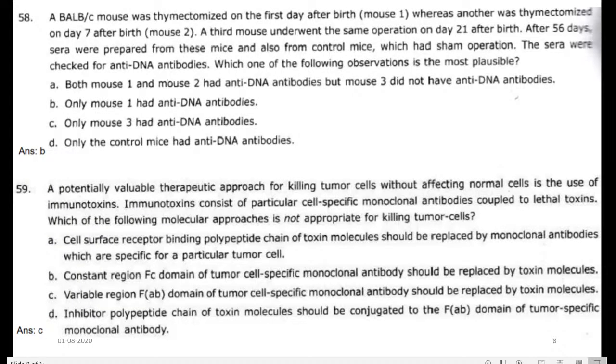Another important concept is the BALB/c mouse, which is important in unit 4.